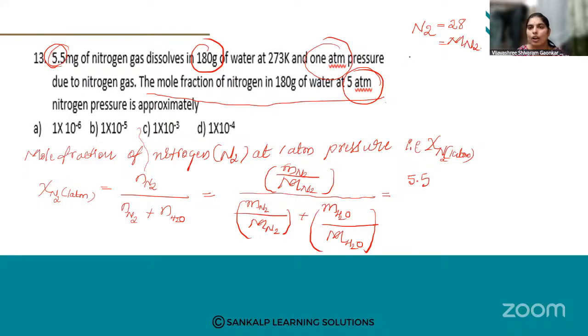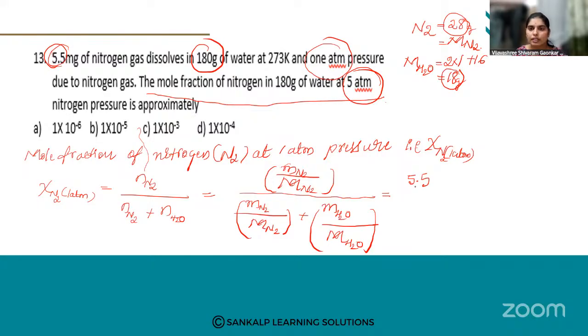Similarly, molar mass of water, H2O: 2 hydrogen means 2 into 1 plus 1 oxygen atom. What is the atomic mass of 1 oxygen atom? 16. It is equal to 18. So molar mass of nitrogen is 28 gram. Molar mass of water is 18 gram. Just remember this. Okay.